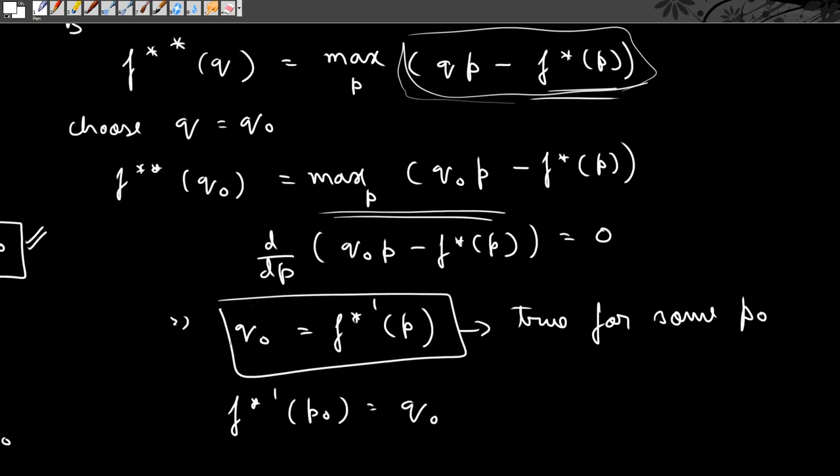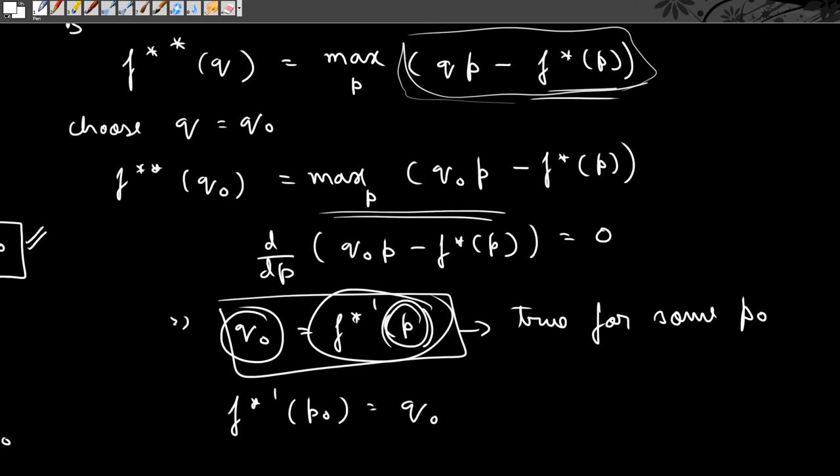Because q naught is some constant, we cannot have different values of p for the same q naught. So when the left hand side is a constant, the right hand side must also be constant, and that means we have to choose some particular value of p corresponding to this value being equal to q naught, and I'm going to call it p naught.